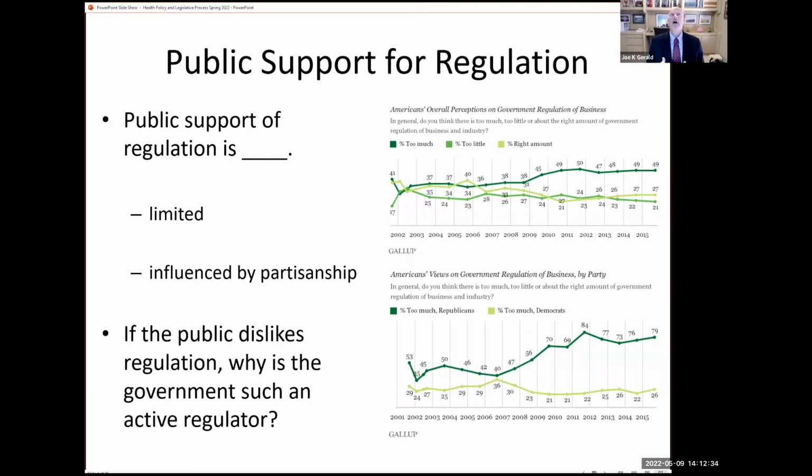And if there's so much public animosity towards regulation, why on earth do our elected officials, who in theory should be beholden to us, produce so much regulation? That's one of the other features that we're going to try to pull together here as we move into the middle part of the lecture.